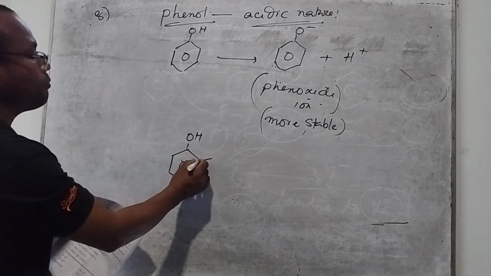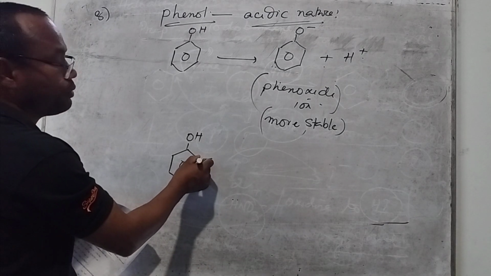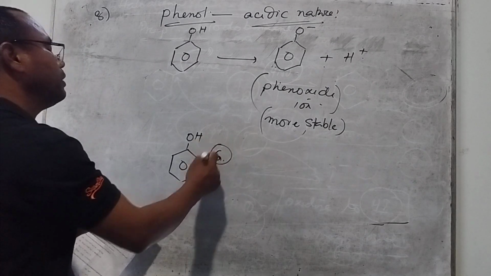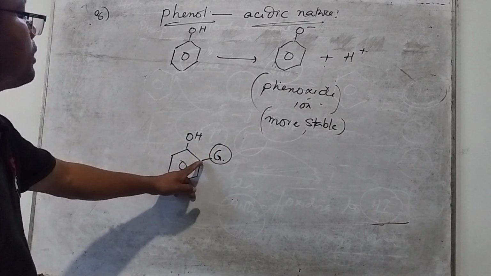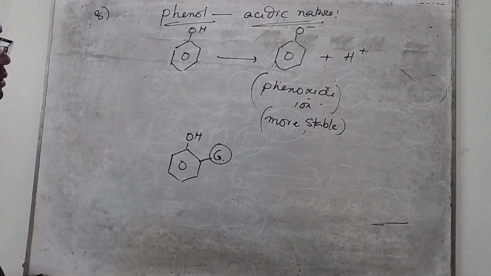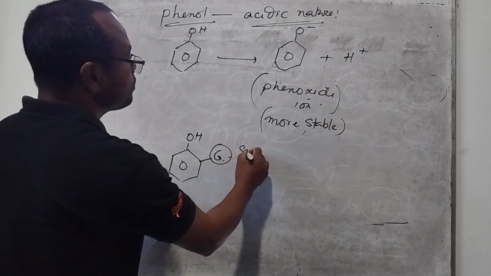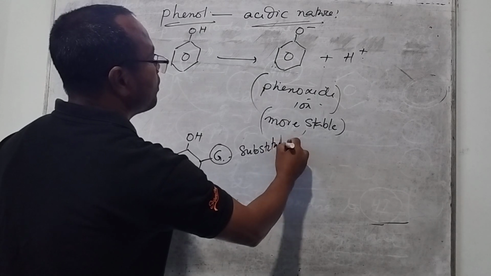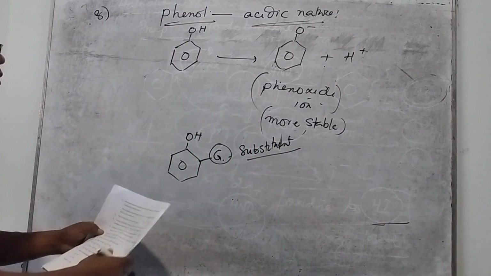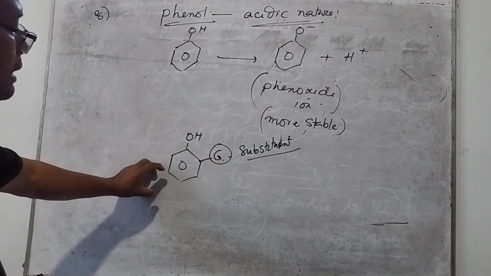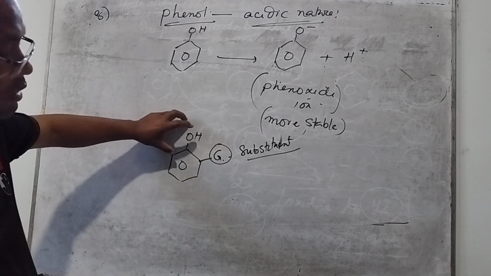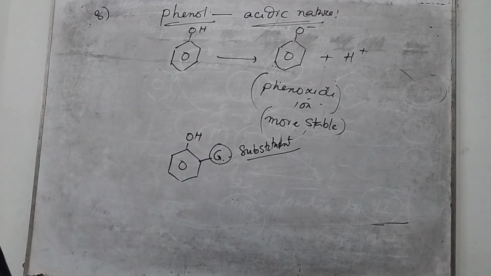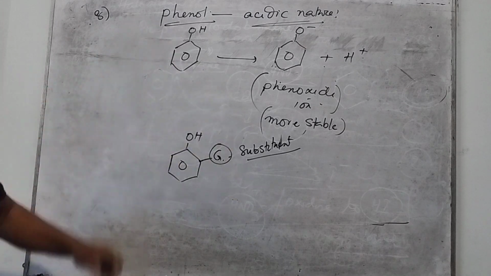Here is our ortho position, and the group present at the ortho position is what we call the substituent. What is the effect of these substituents on the acidic strength of the phenol?